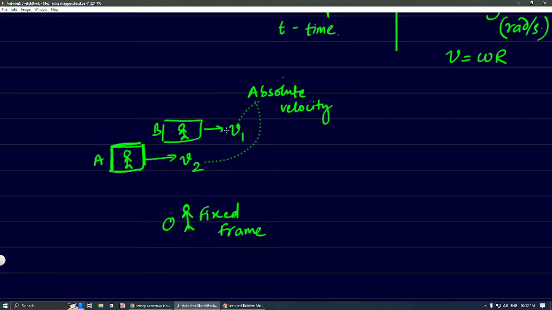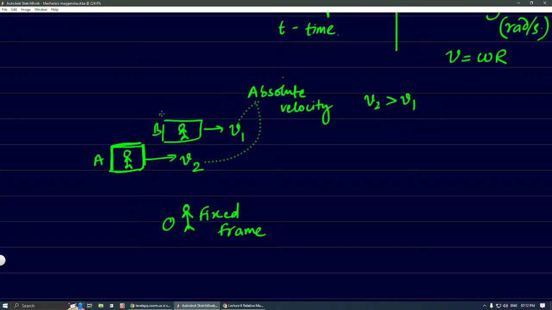Then let's say V2 is greater than V1, and the person in A is watching the person in B. Then what will happen?